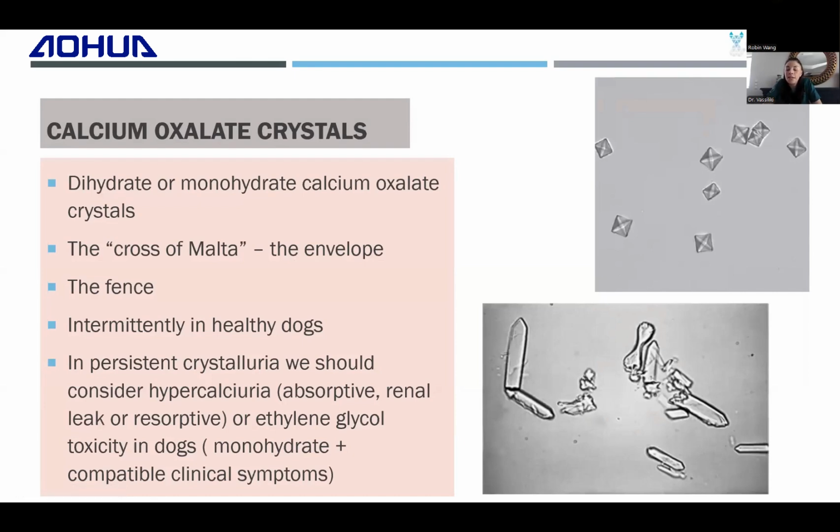We can have dihydrate or monohydrate calcium oxalate crystals. These are the Maltese cross because they resemble the flag of Malta, the envelope. And the other formation of calcium oxalate crystals is the fence, the second picture.